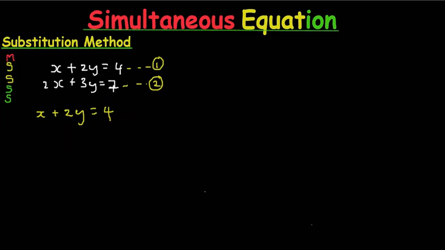So if I subtract 2y, we will end up with x equal to 4 minus 2y, because 2y minus 2y will cancel. So that will result in 0. So x has a new name. The new name of x is x equal to 4 minus 2y.